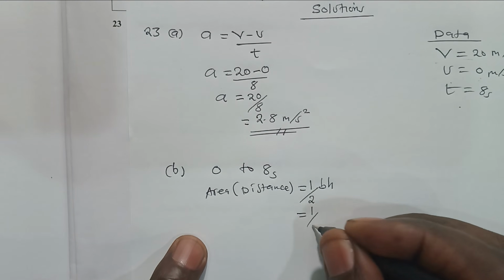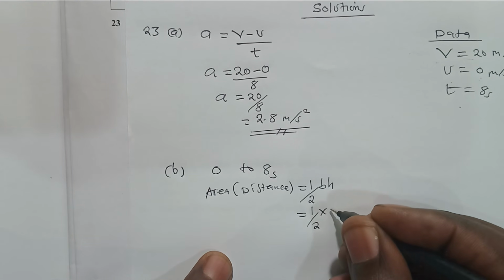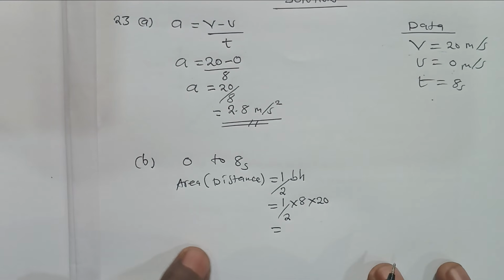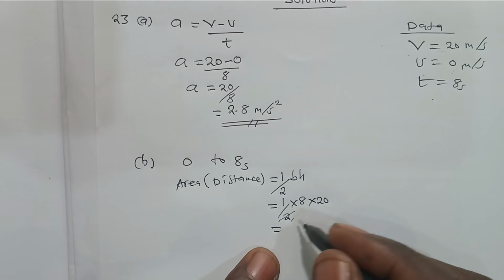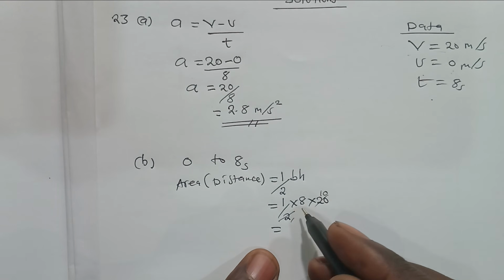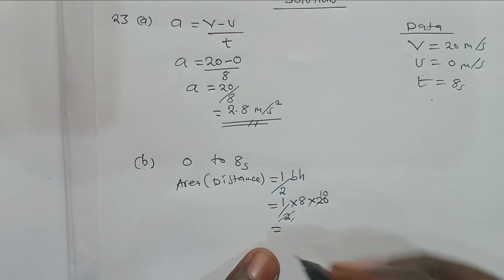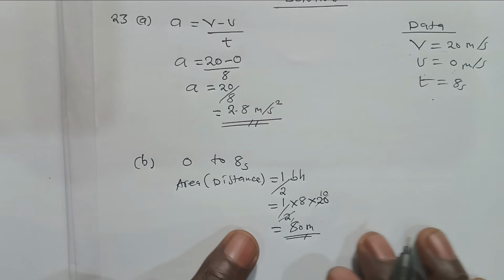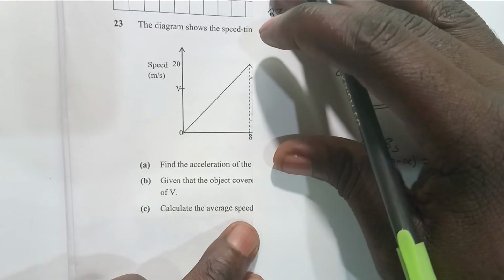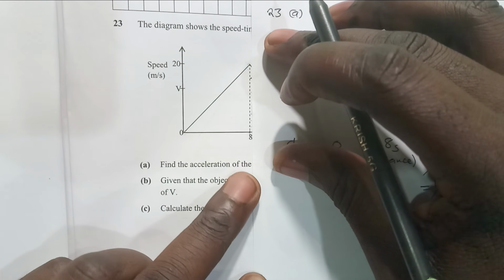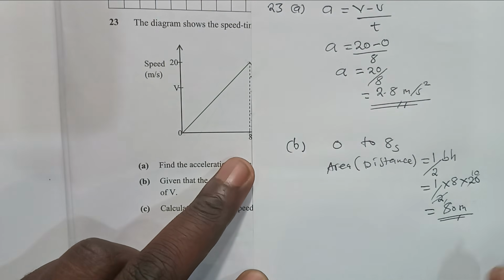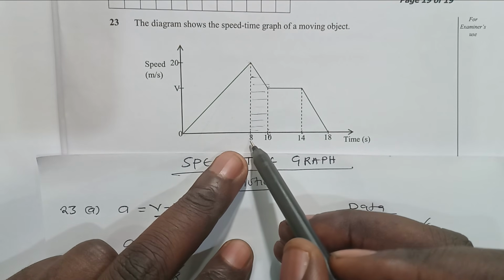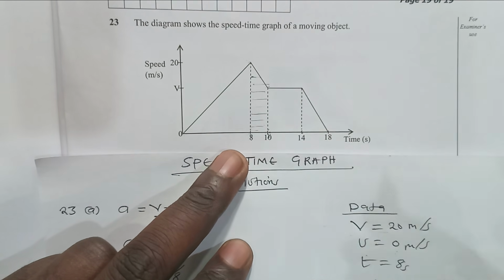So we have 1 over 2 times 8 times 20. Halving the 20 there, we have a 10. So 8 times 10 times 1, we are going to have 80. So the distance for the first part of the diagram that we are considering, which is the triangle, is equal to 80.